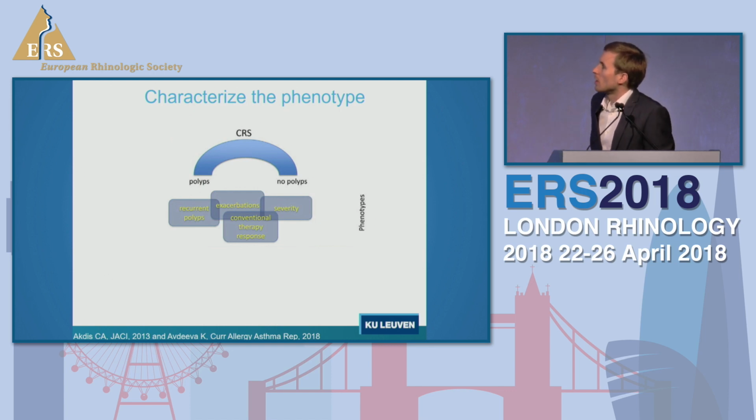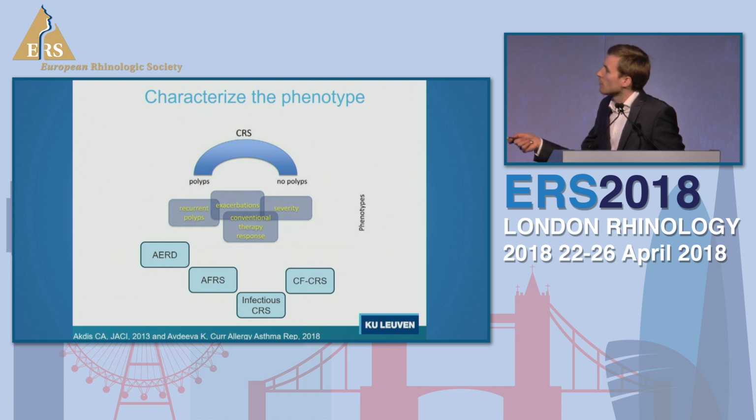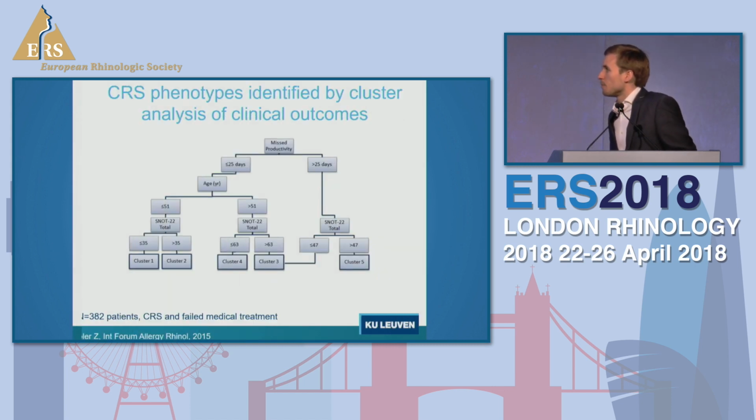We have some other phenotypes like the aspirin-induced, the fungal sensitization, infectious CRS, CRS which is associated with CF. But we need to go one step further.